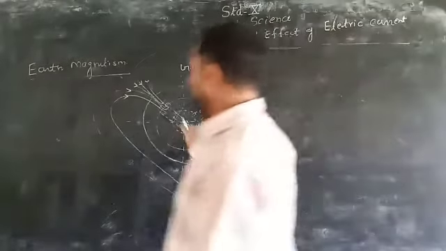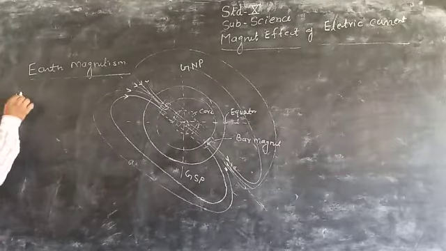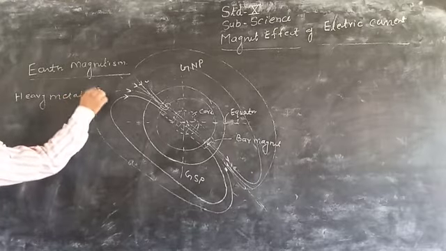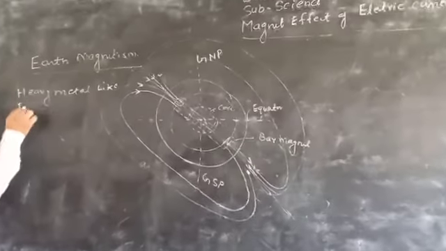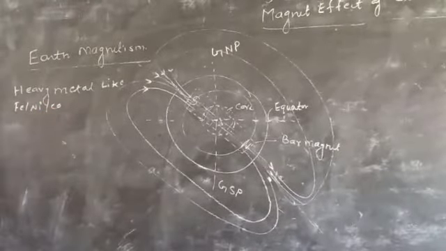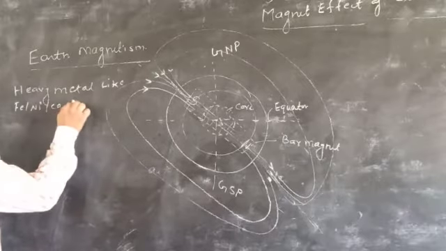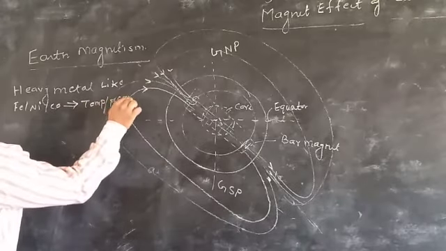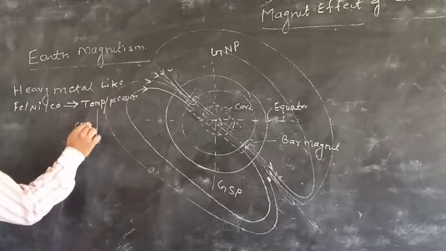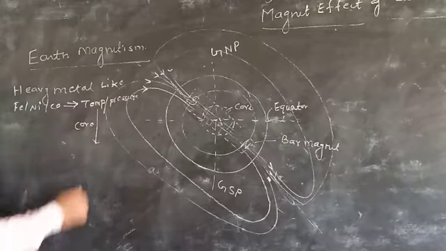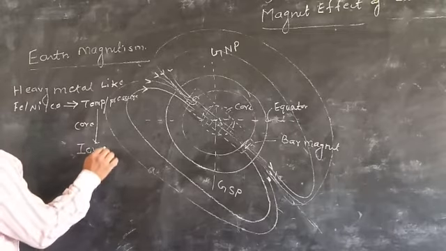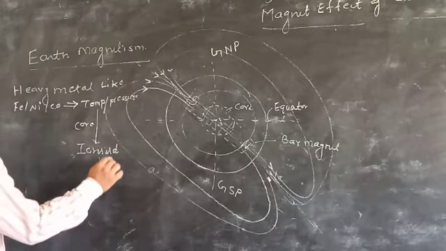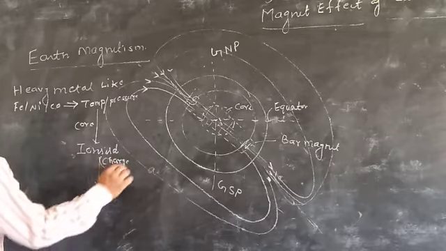So here we can say that heavy metals like Fe, nickel and cobalt, when the temperature and pressure of the core part are very high, get ionized, and ionized means this is a charged condition.